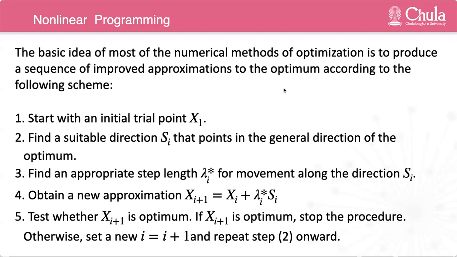So we start from the very basic algorithm, the basic idea of most numerical methods for solving nonlinear programming. We start from an initial trial point, let's say x1. Then we first find a suitable direction, a direction that points in the general direction of the optimum point.